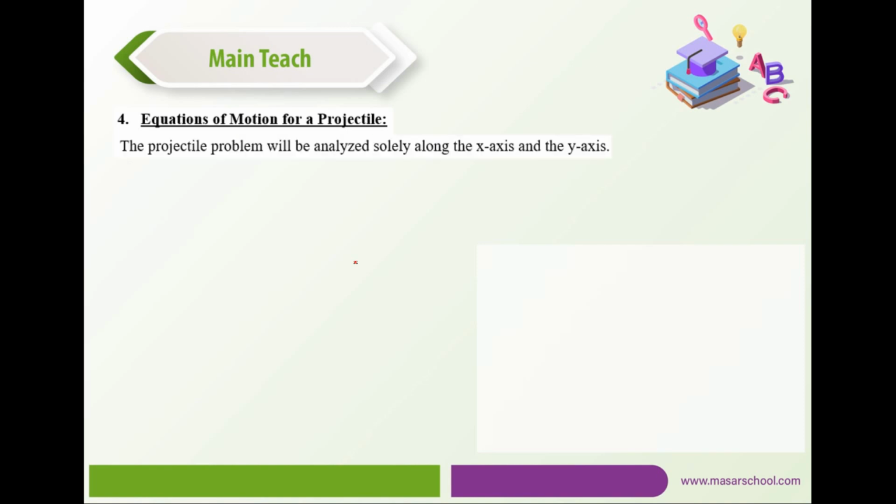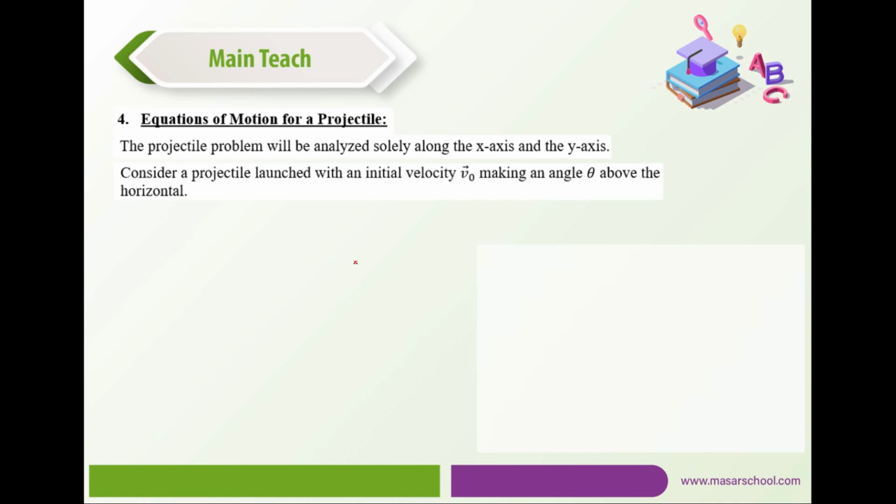The projectile problem will be analyzed solely along the x-axis and the y-axis. Because along the x-axis the type of motion is uniform, because ax is 0, we're gonna analyze it solely along the x-axis, and then we're gonna analyze it along the y-axis because it's uniformly varied motion due to a constant acceleration pointing downward. Consider a projectile launched with an initial velocity v0 making an angle theta above the horizontal. So that would be our choice for the xy system.